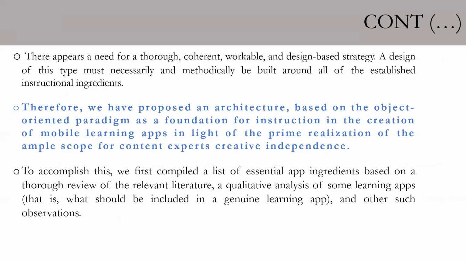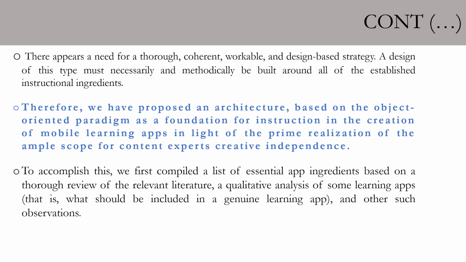There appears a need for a thorough, coherent, workable, and design-based strategy. A design of this type must necessarily and methodologically be built around all of the established instructional ingredients. Therefore, we have proposed an architecture based on object-oriented paradigms as a foundation for instruction in the creation of mobile learning apps, in light of the prime realization of the ample scope for content expert creative independence.